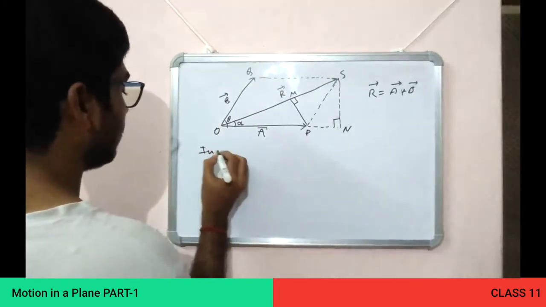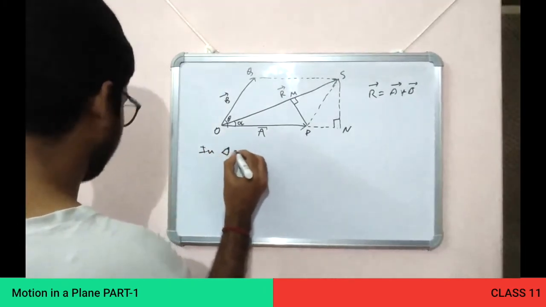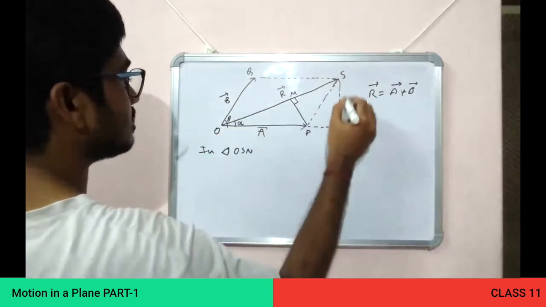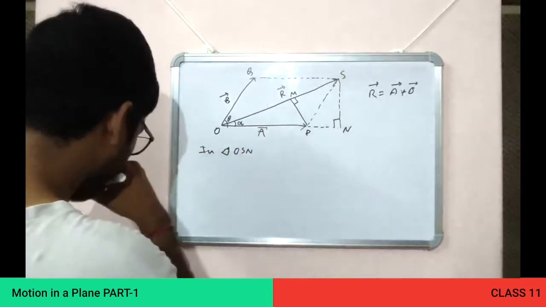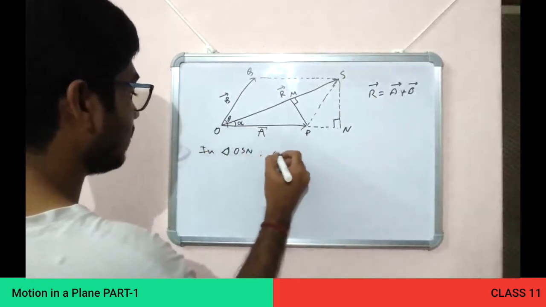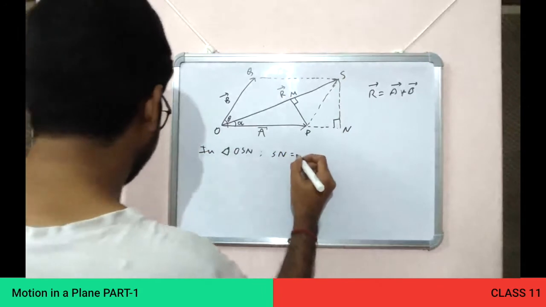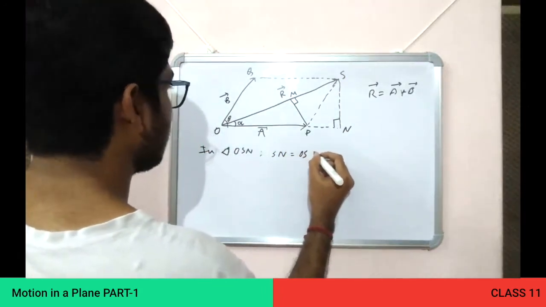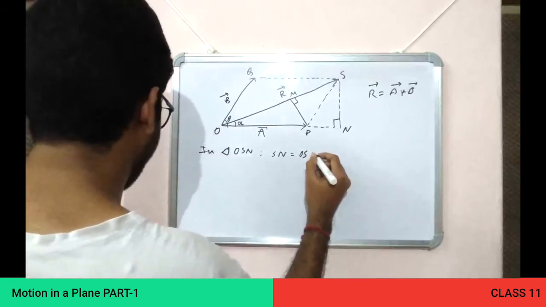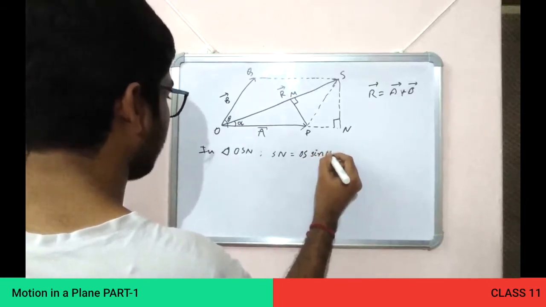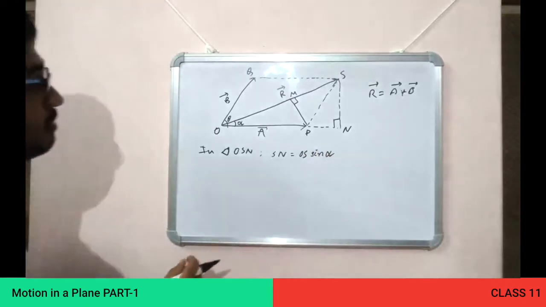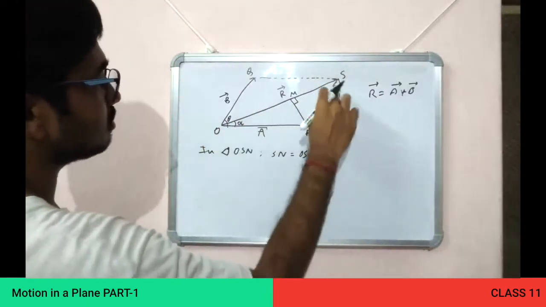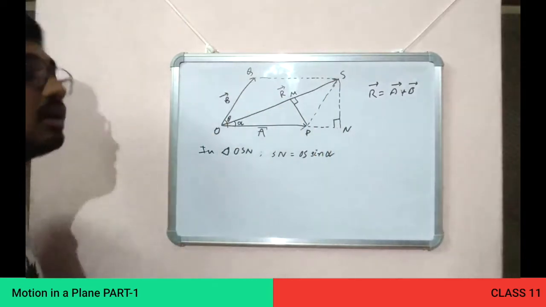In another triangle, in triangle OSN, that is this again, SN is equal to OS sin alpha. SN is equal to OS sin alpha from the trigonometric case.